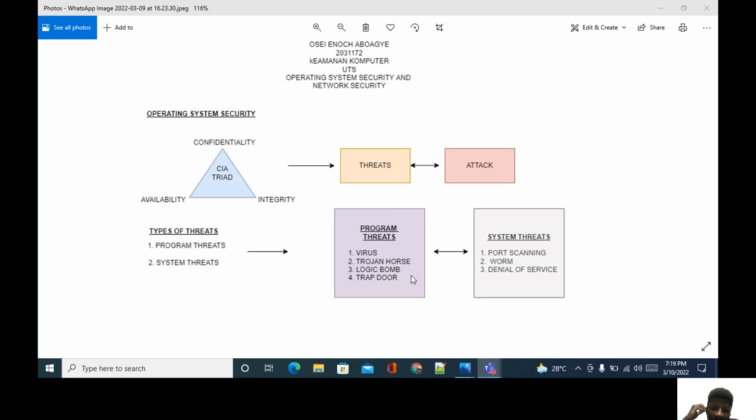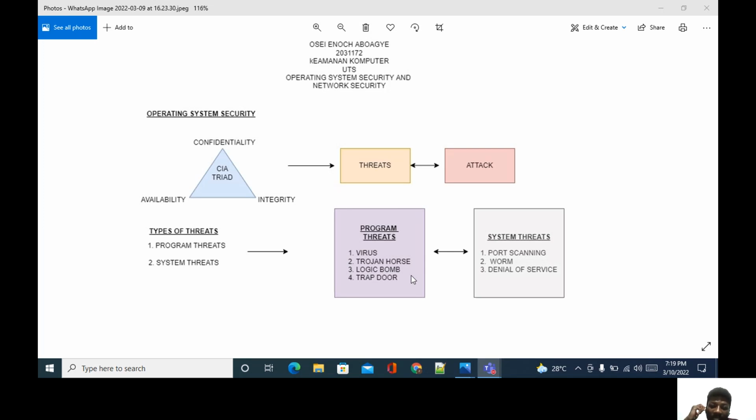The next one on the list is Trojan horse. A Trojan horse is a program or a threat that disguises itself. So they behave as if they are good programs, but they are a threat to the system. So a Trojan may hide in games, apps, or even software patches.